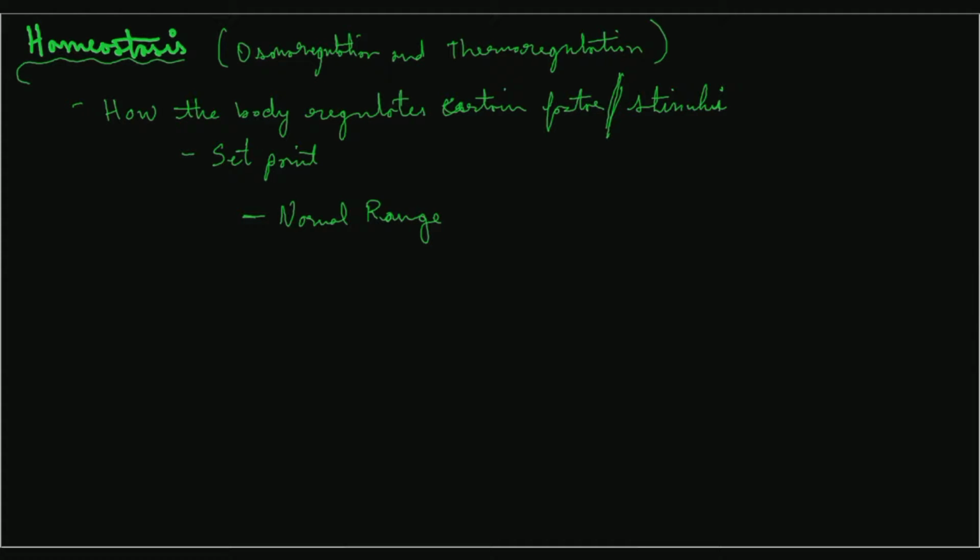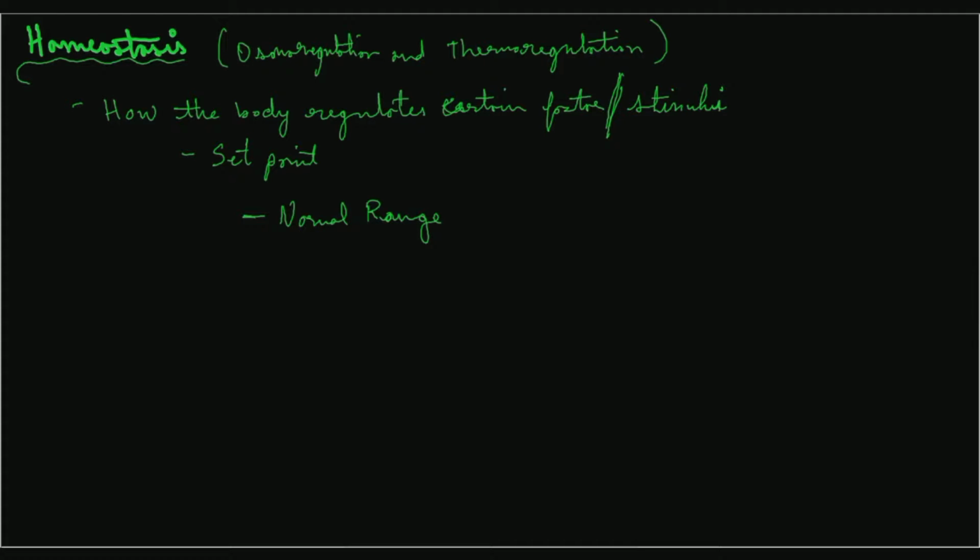So basically, the same thing happens in the body. If the temperature goes out of that range, we'll start to sweat if it goes hotter, and if it goes colder, we'll start to shiver and change our body position to conserve heat and things like that. Okay, so that's basically what a normal range is.